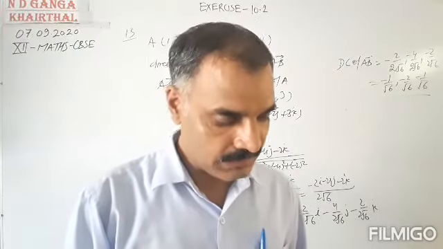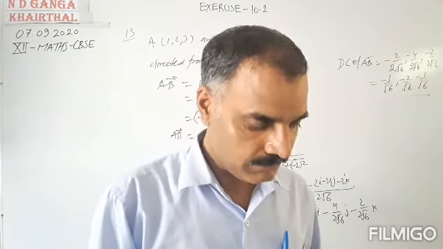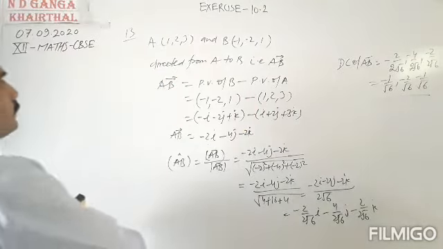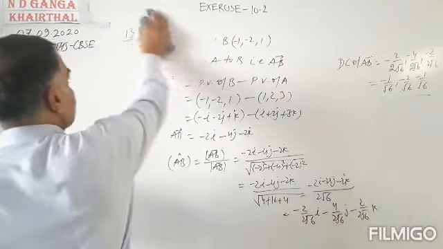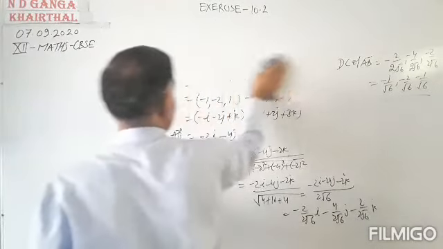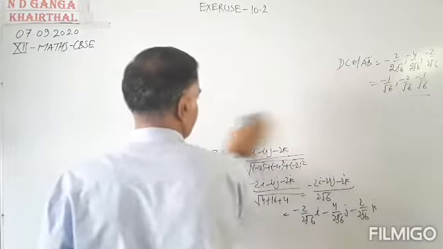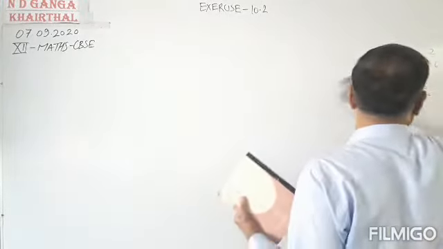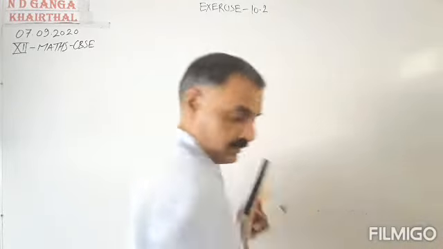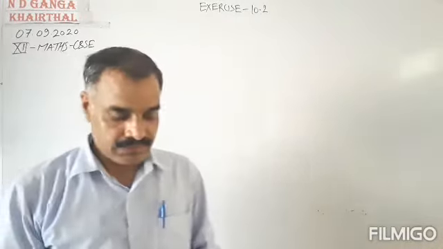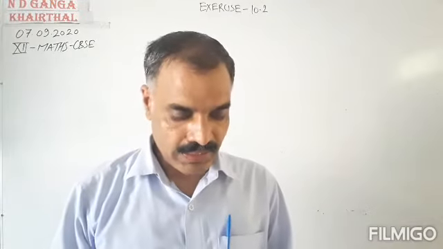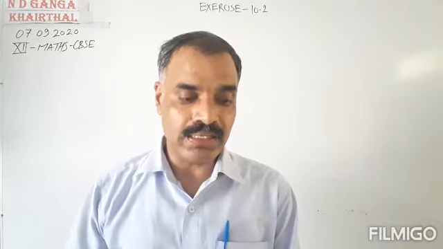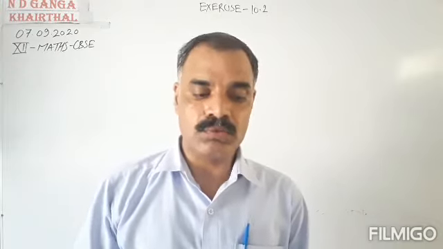Let us take question number 14. Question number 14 is also an important question, so let us have the solution of question number 14. Question number 14 is to show that the vector i cap plus j cap plus k cap is equally inclined to the axes OX, OY and OZ.